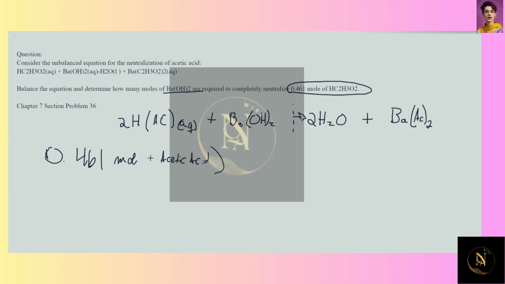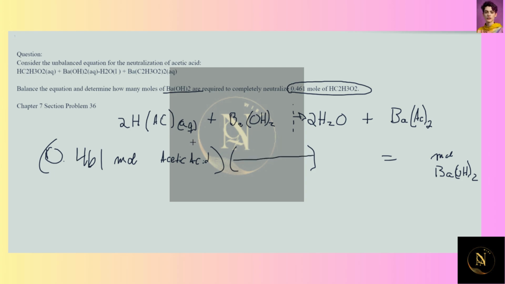That's the starting place. Now it's asking us to get through a set of conversions to how many moles of our barium hydroxide. So what we need is a way to convert moles of acetic acid to moles of barium hydroxide, and that's what our balanced equation does.